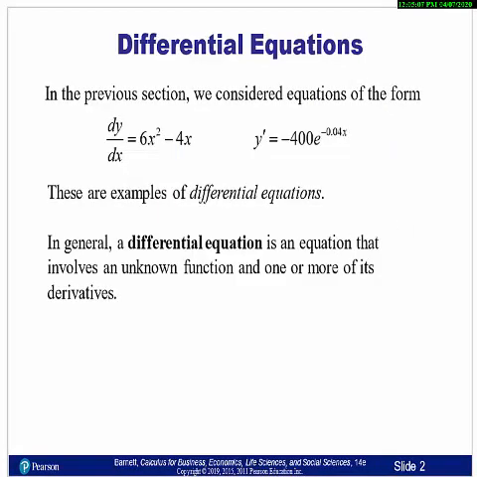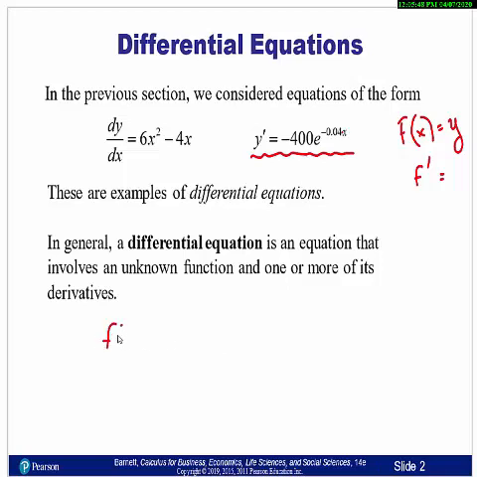What we discussed last week were equations of the form you see on your screen. The derivative of y is equal to negative 400 times e to the negative 0.04x. Basically, you were considering the function f of x to be y.